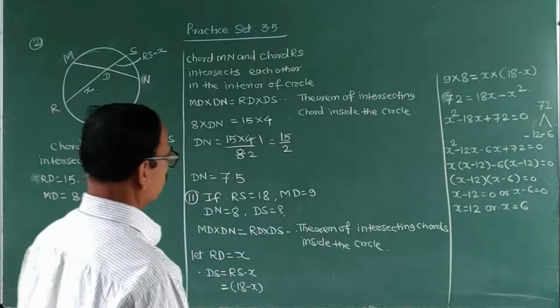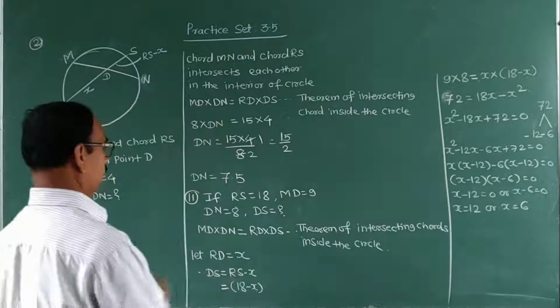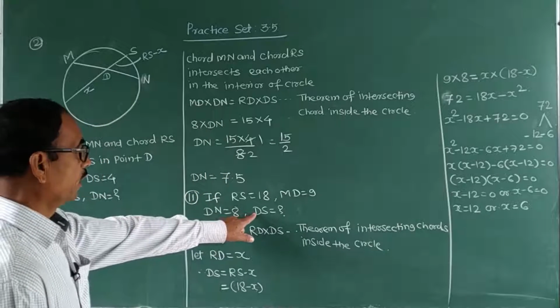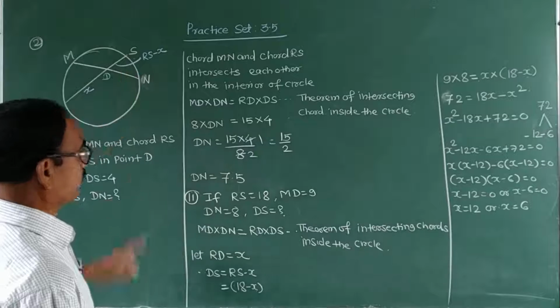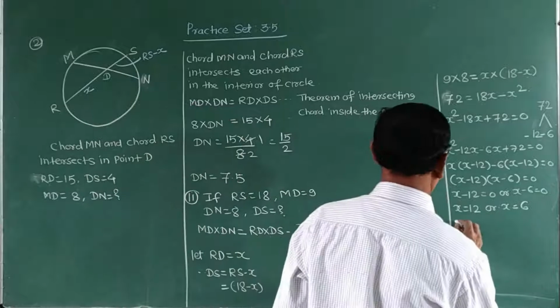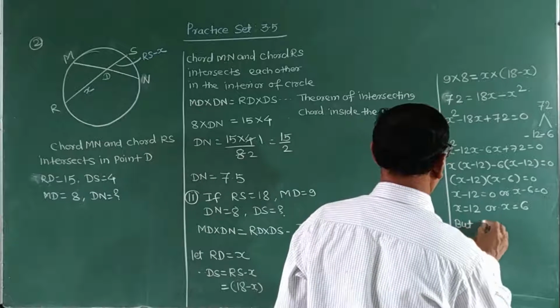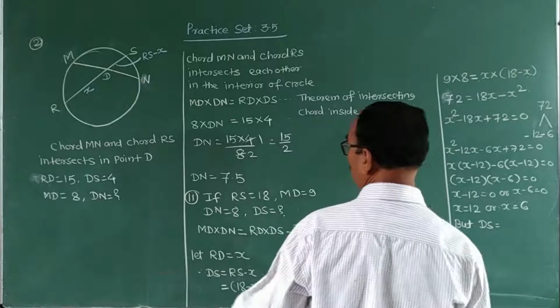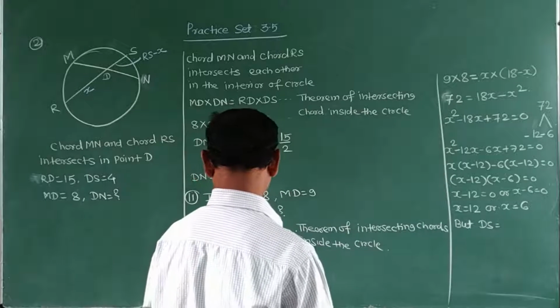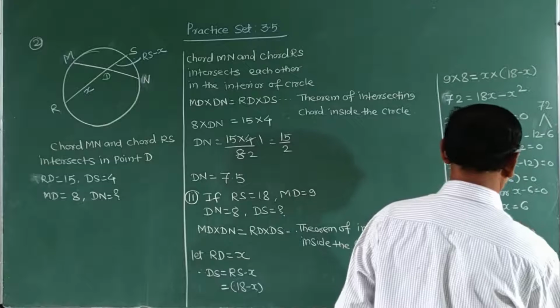Here we have to find out DS. So DS is equal to 18 minus x.